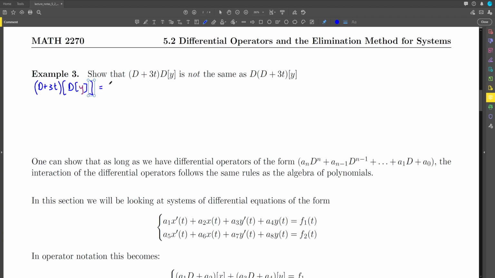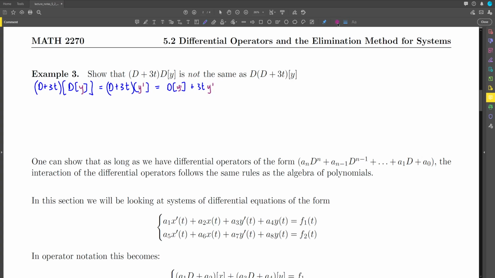which we can simplify by writing this as D plus 3t acting on y prime, and then that simplifies to D acting on y prime and then plus 3t times y prime.